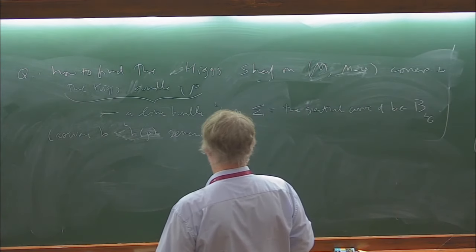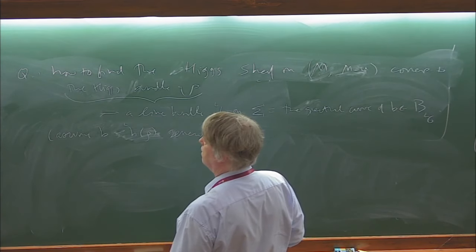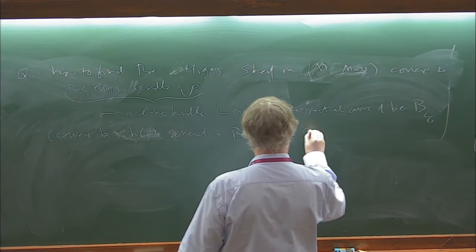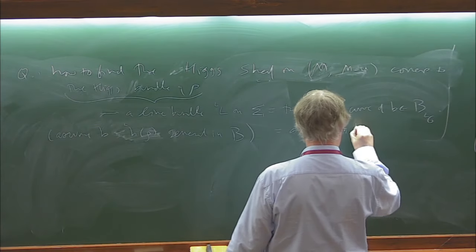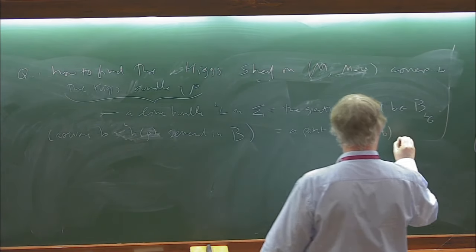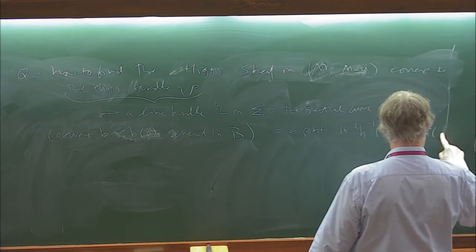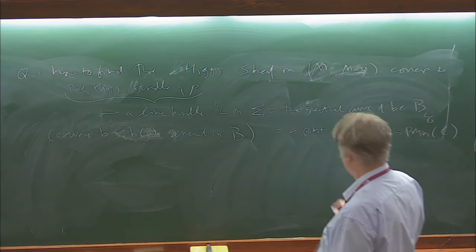Which is a point in H inverse of B, which is some kind of Prym variety.